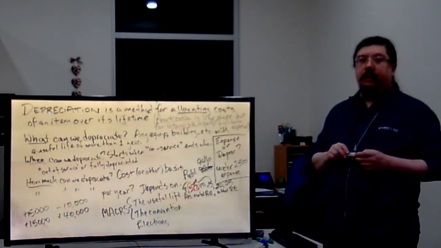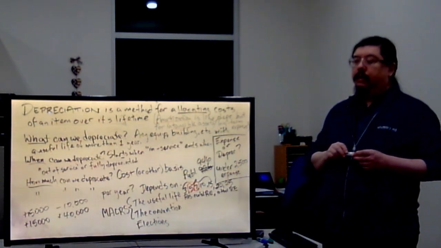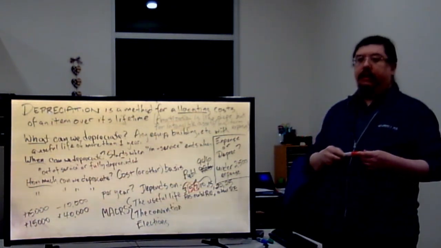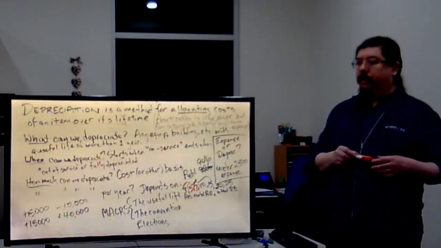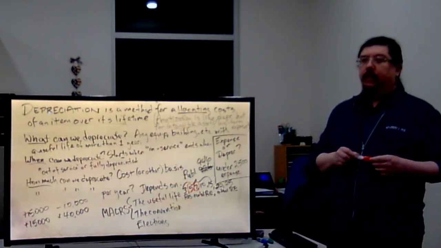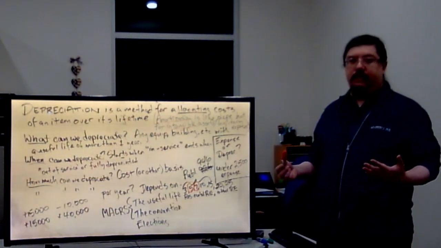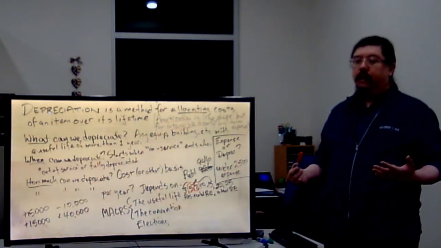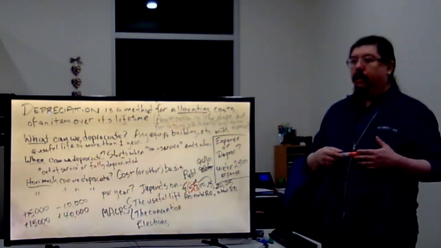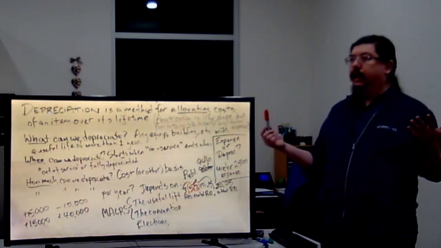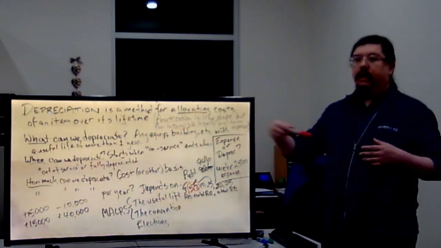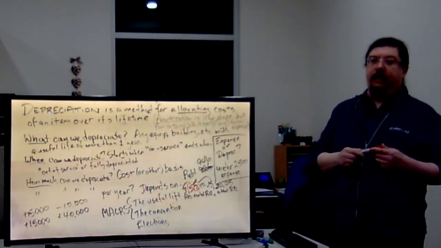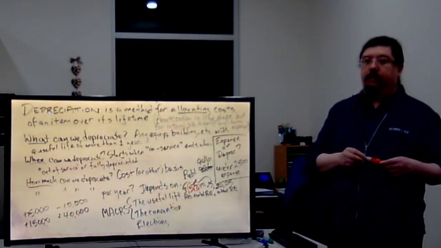If I finance an $80,000 piece of equipment or a truck that I write off, I get an $80,000 deduction. Well, over the next 5 or 7 years, I still have to make $40,000 worth of payments, and an annual payment might be $15,000. I still have to pay $15,000 a year toward that vehicle. I've already written it off, and I get no further deduction because I already deducted it.